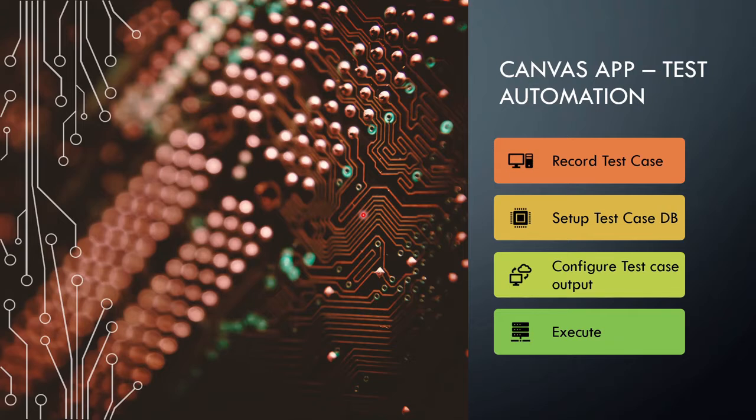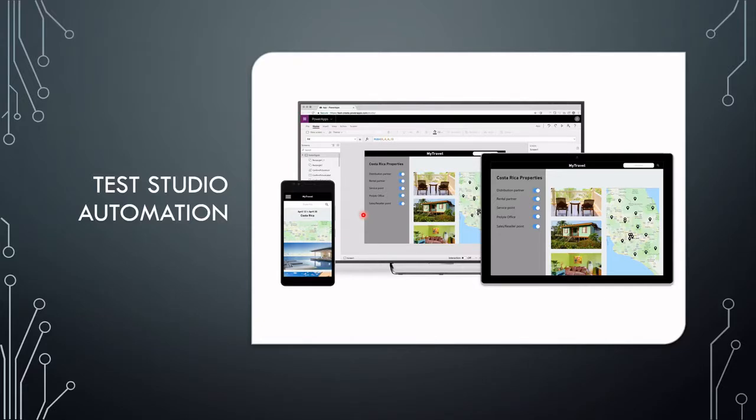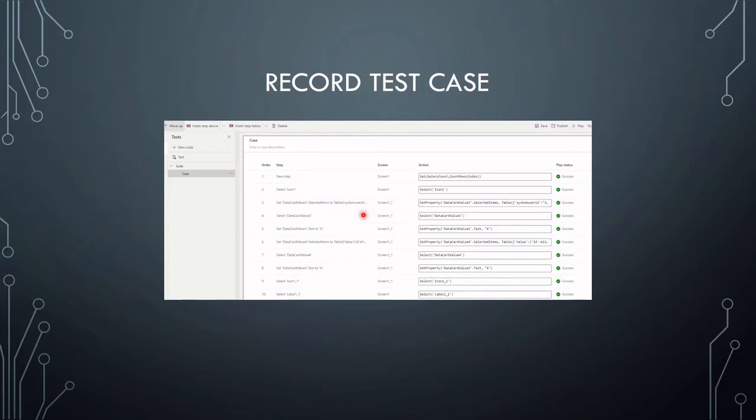Once it is done, we will configure the test case database in the Test Studio so that whenever we run the test case, the result will be saved in the Dataverse. And then we will see the ways of executing that in the browser or on demand. So we'll get into the Test Studio automation for the Canvas app.